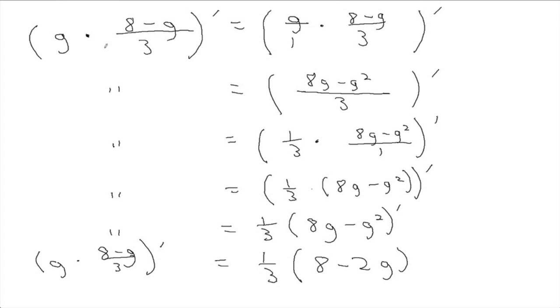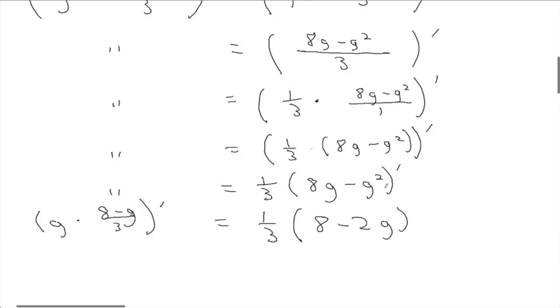Pretty much all the functions we're going to be dealing with in this section, our goal is going to be to re-express them as a constant times a polynomial, and then it should be straightforward to take their derivative. Let's try this problem on your screen.